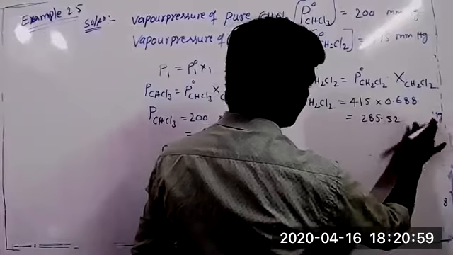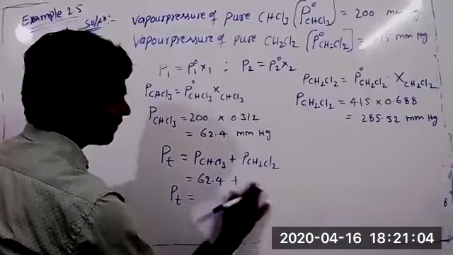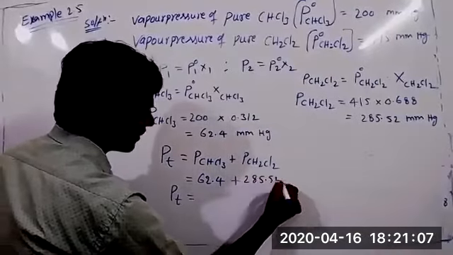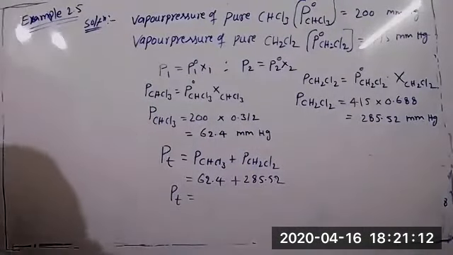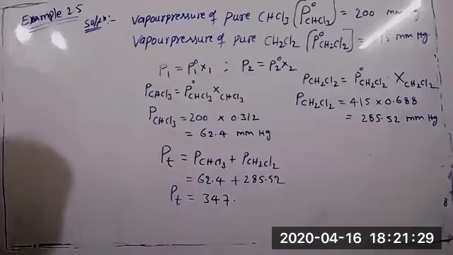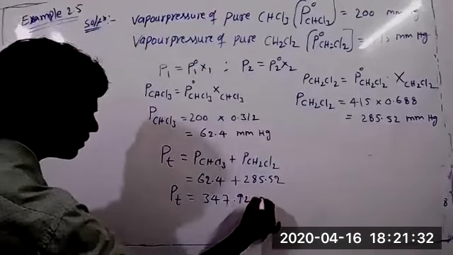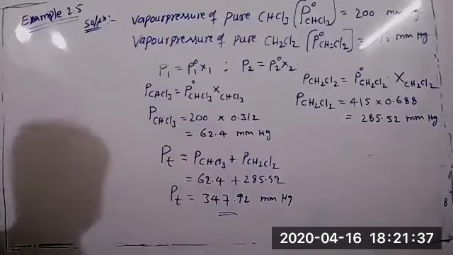Now add this and this: 62.4 plus 285.52 is 347.92. This is the total pressure of the solution.